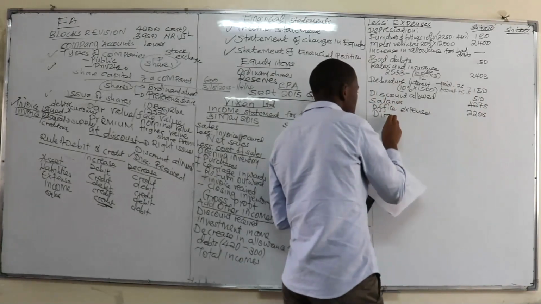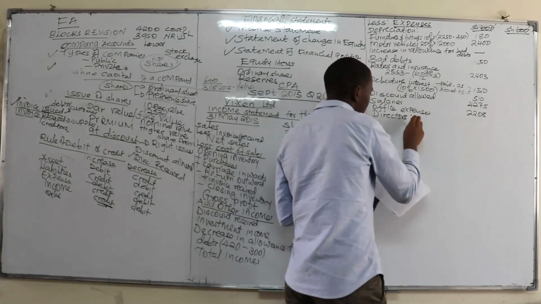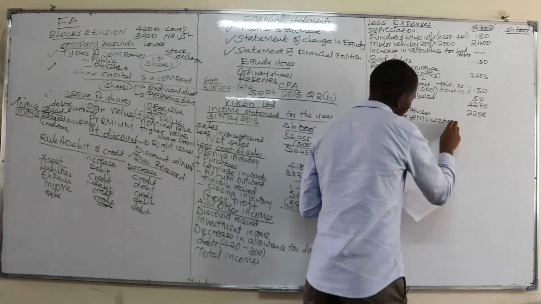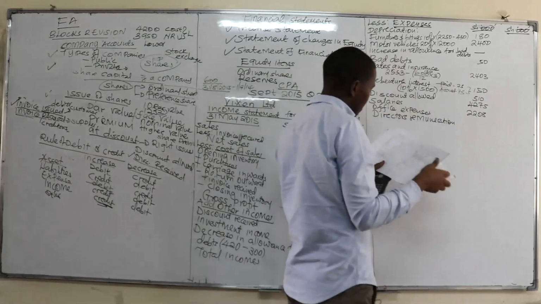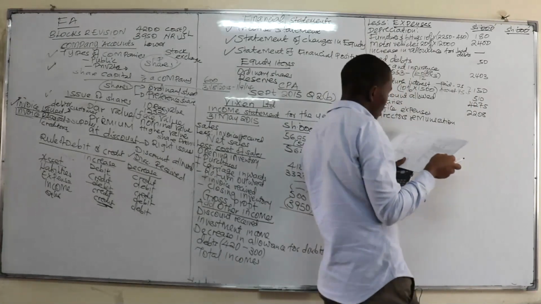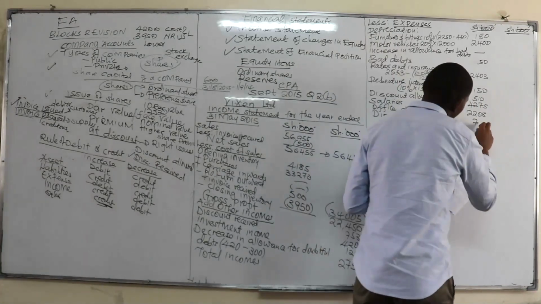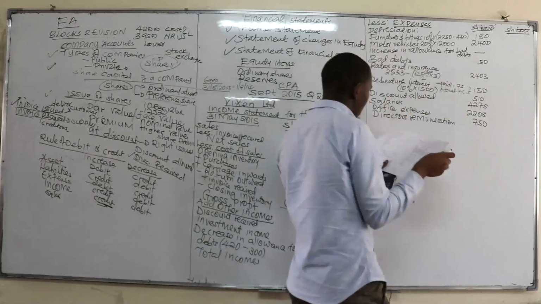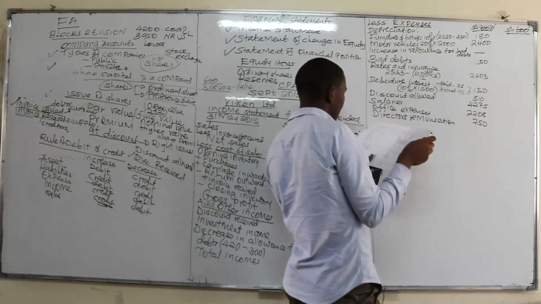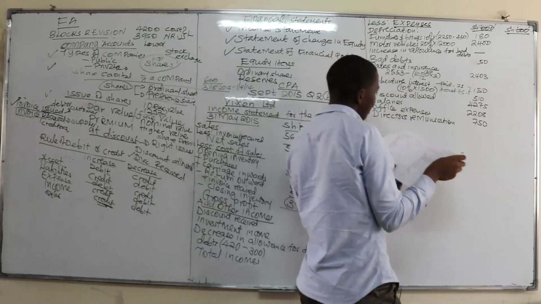Directors' remuneration, in this case, is a value of 750. We also have interim dividend, but those are not expenses. So at the end of it, we're done with the expenses.